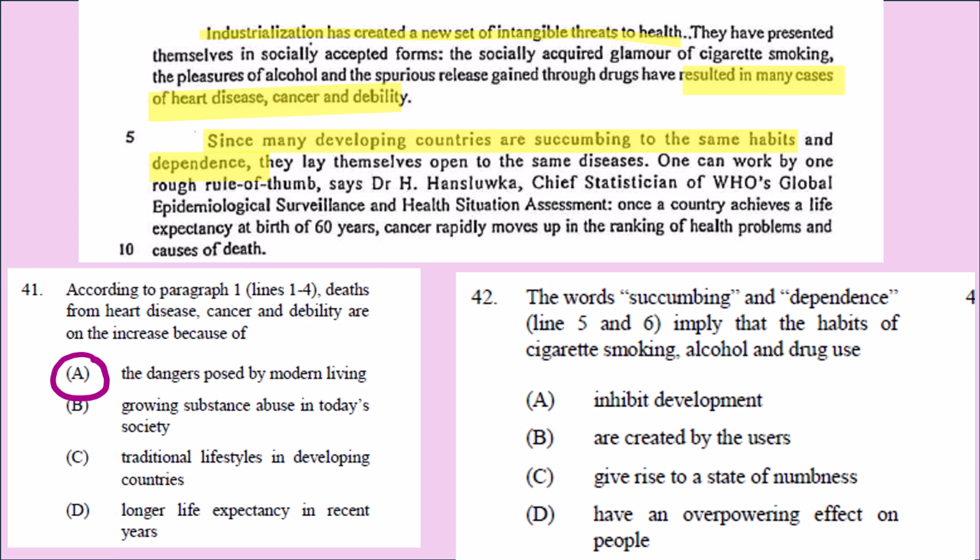Now, succumb means to give way to a superior force, and to depend on it means that there's a heavy reliance on it, dependence. So we'll go for D, have an overpowering effect on people.